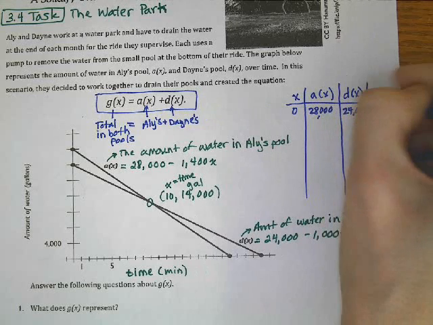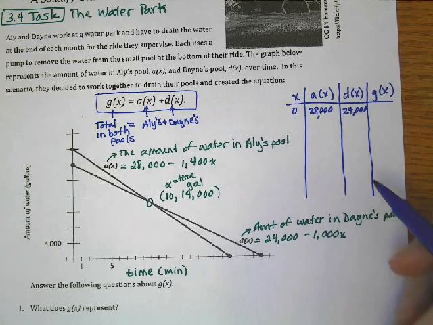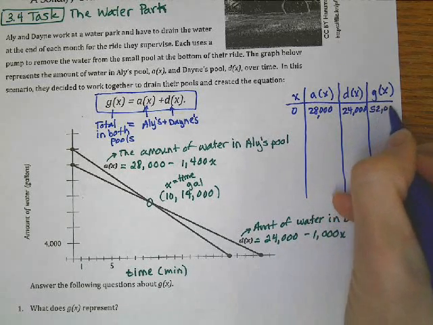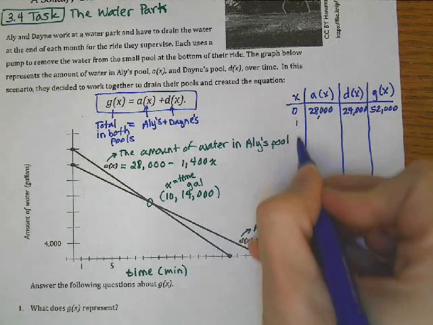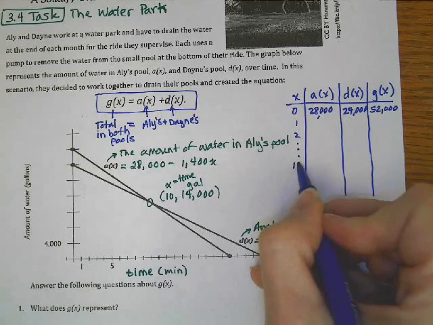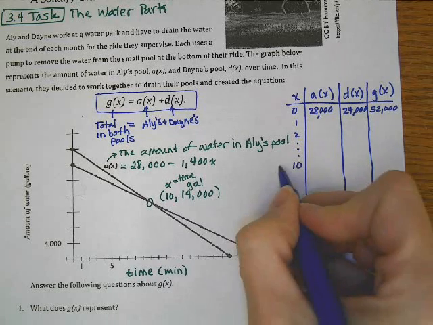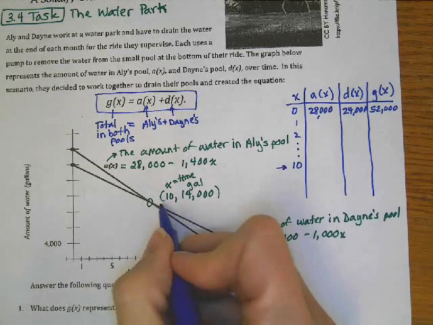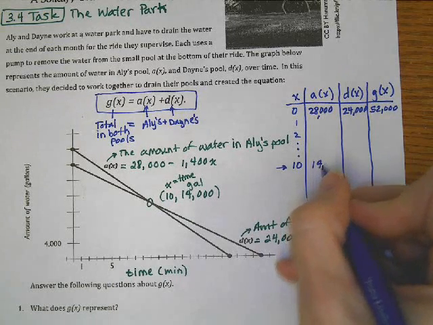And I made the suggestion that you could figure that out for various amounts of time. But I also indicated that you probably want to focus on the idea of what is really happening at this 10-minute mark. So if they each have 14,000 gallons, then how many gallons do they have together? Well, that would mean they have a total of 28,000 gallons.